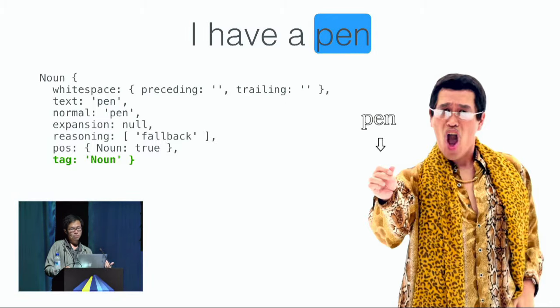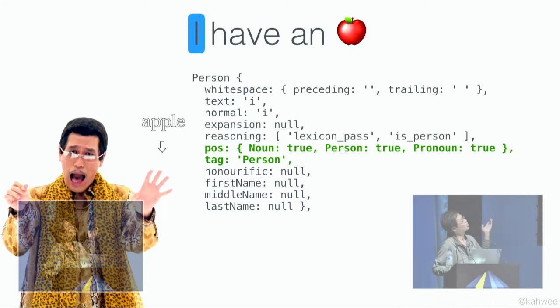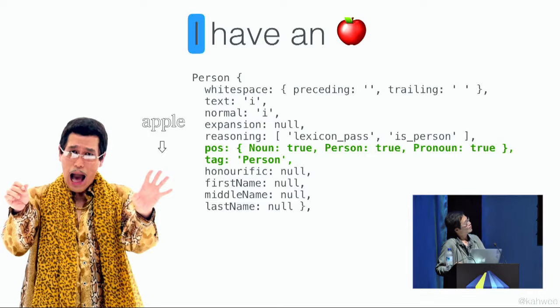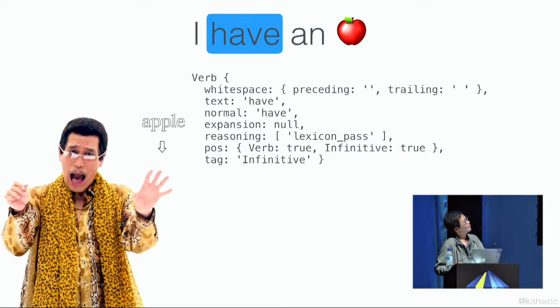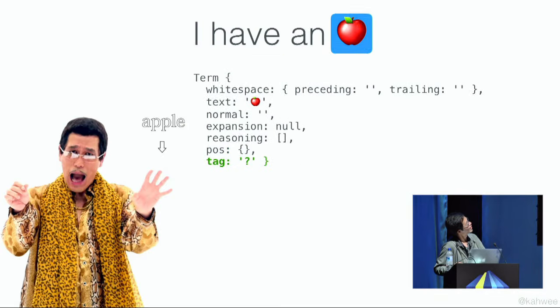And what if we want to push it even more, and we want to get things like an emoji? We have a library for that too, and it's all in NPM. So again, I have an apple. And an apple is not something that is supported by NLP Compromise, so you get a little question mark.